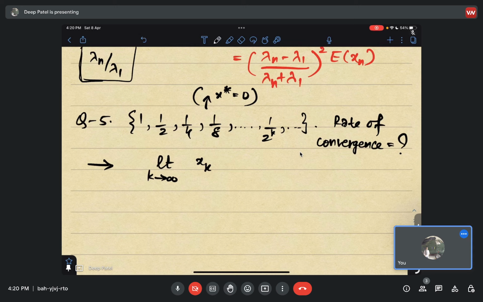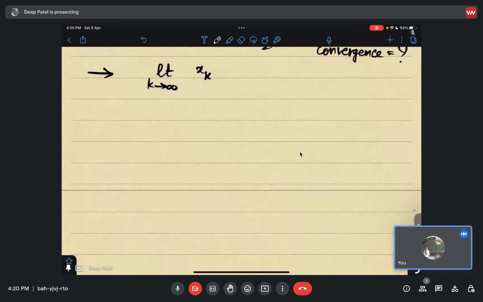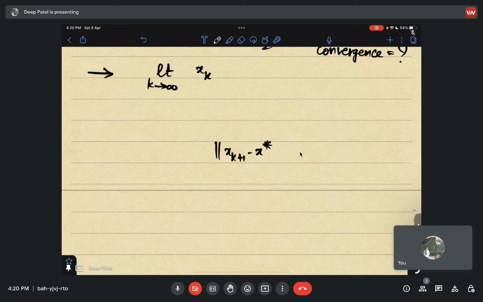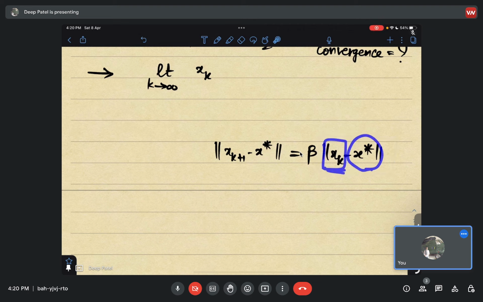Ultimately, what I want to say is, if I am at a certain point xk, and I had a way of measuring how far I am from x star, then if I take a step along some appropriate direction, how much closer am I coming to my x star compared to how close I was before at xk?